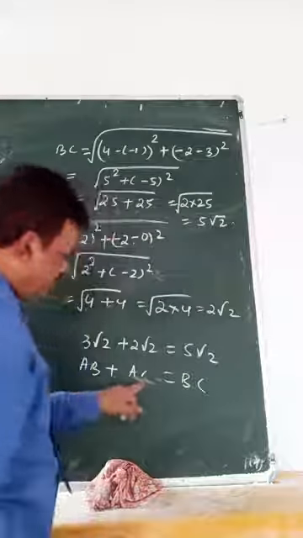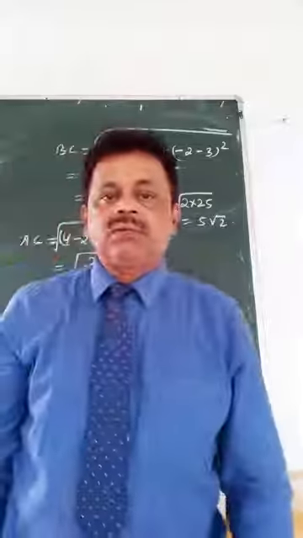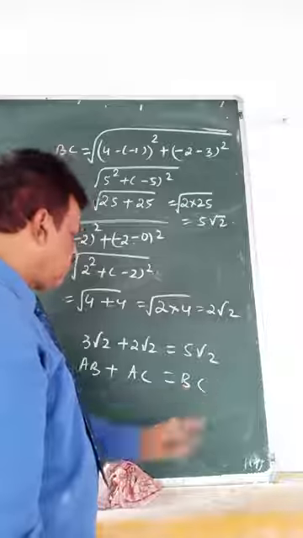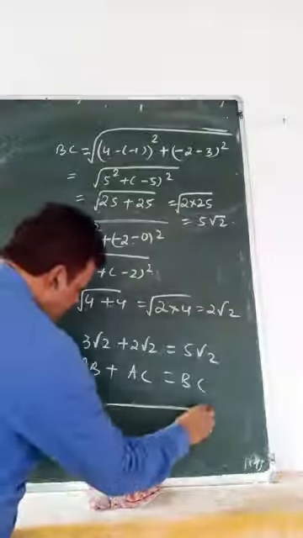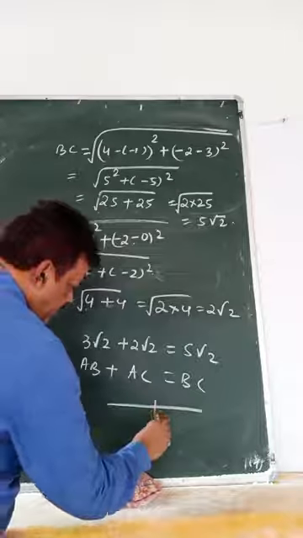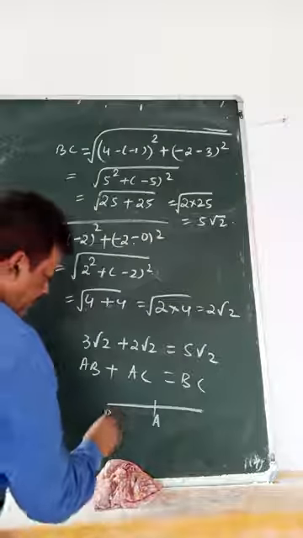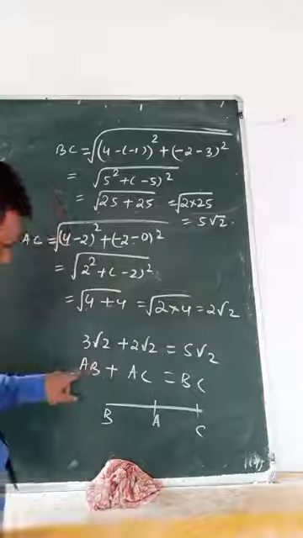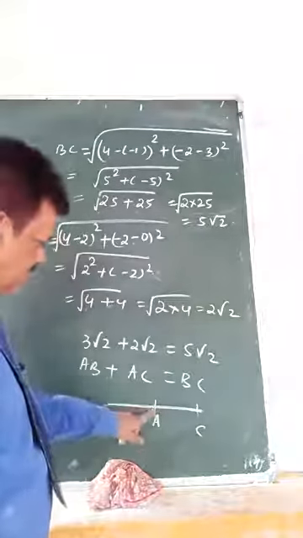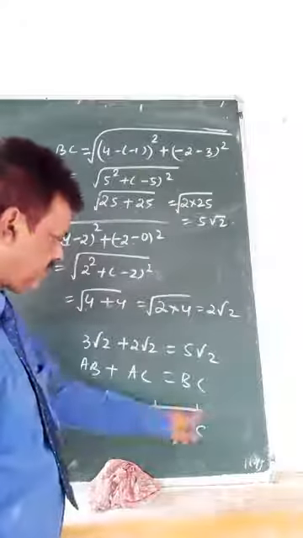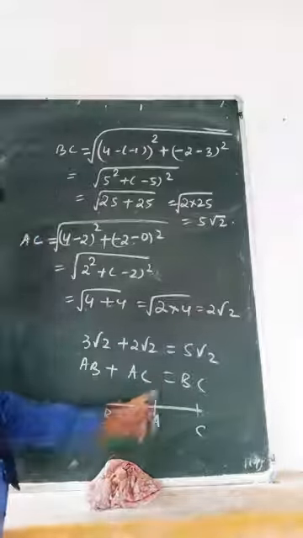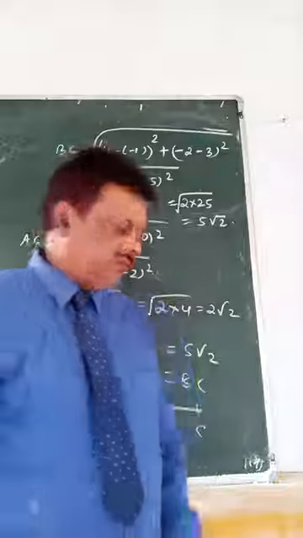Means the sum of any two should be equal to the third one. Then that is called collinear. So how is the line? A is here, B is here, C is here. AB plus AC equals BC. Collinear.